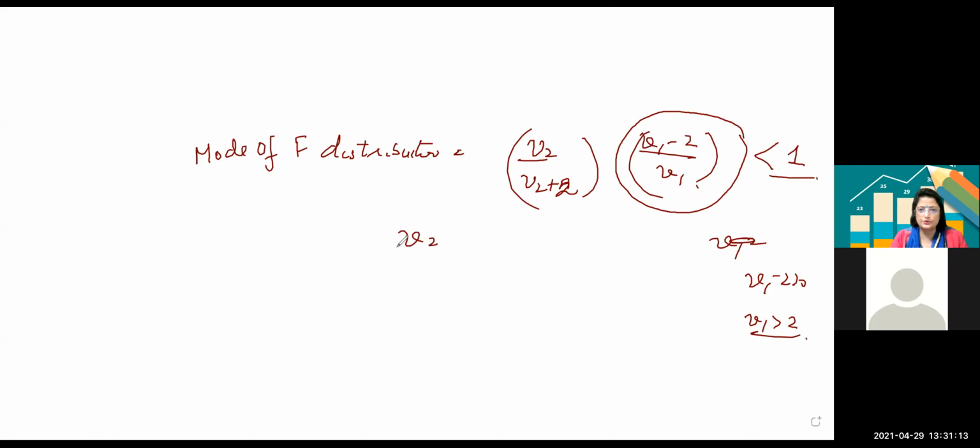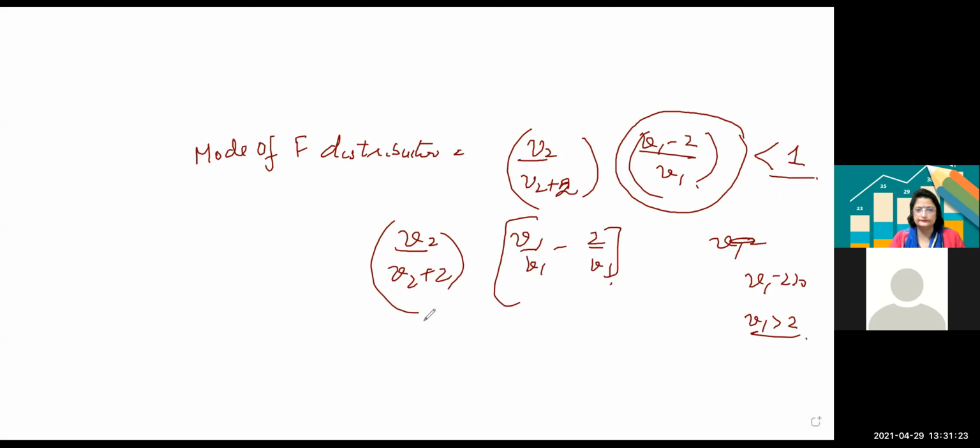So this is nu2 by nu2 plus 2, right? And this is nu1 minus 2 by nu1. You can write like that. This is 1 minus 2 by nu1, right?